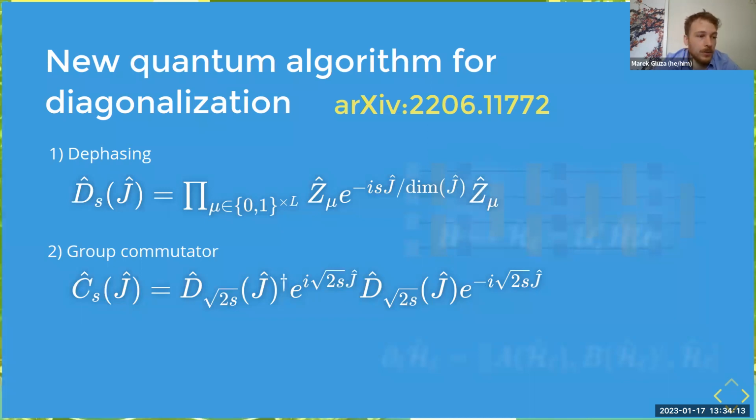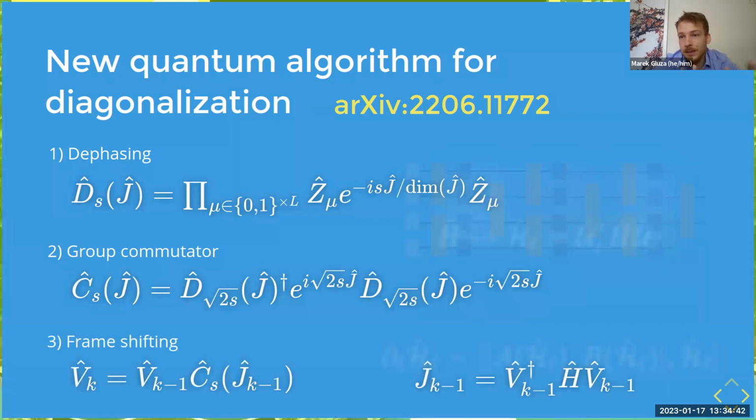If you want to think about a gate set being universal, so a set of operations being universal for quantum computation, you would be using this group commutator to create new interactions, new operations in the system out of the universal gate set. So that's something very fundamental for compiling quantum circuits.